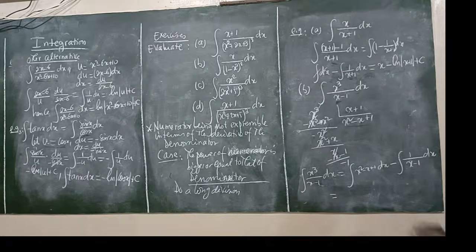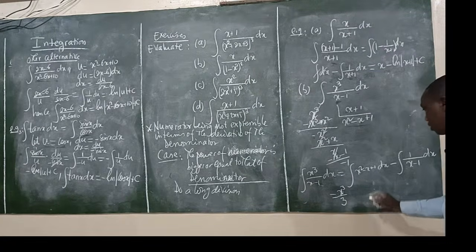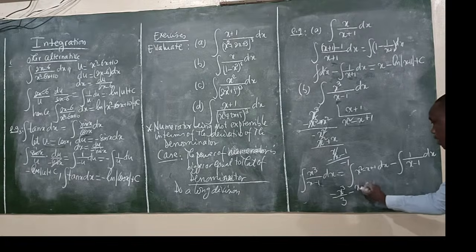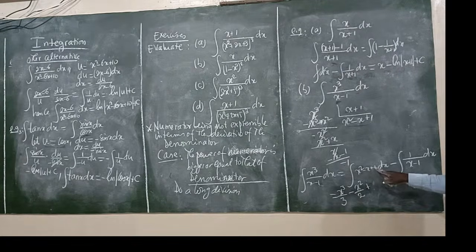Consider the powers and add 1 to them. x squared becomes x to the power 3 over 3, plus x to the 2 over 2, plus 1 times x, which is x.